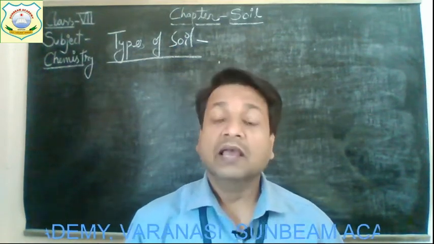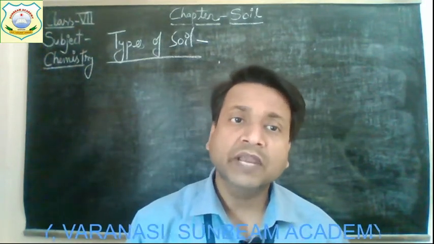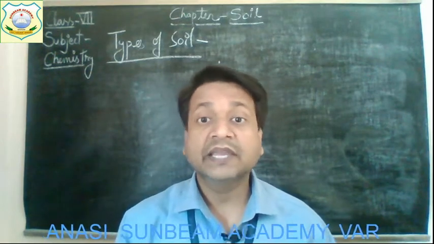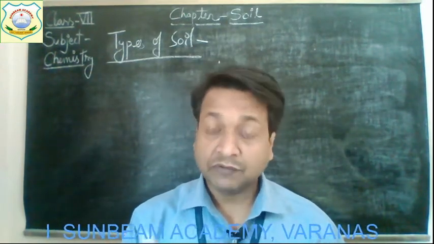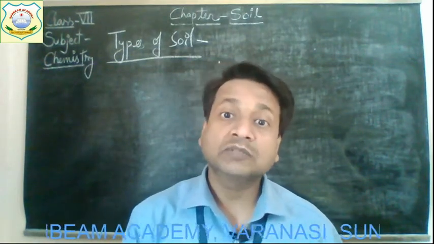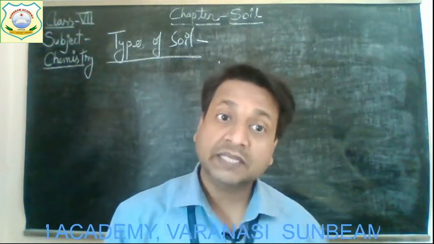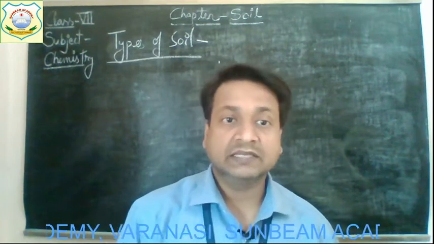Also, some kinds of rocks break into very small particles, whereas others break into large particles. Understood, children? So the different types of rocks break and form different sizes of particles, and the minerals which are present in them also provide different colors.